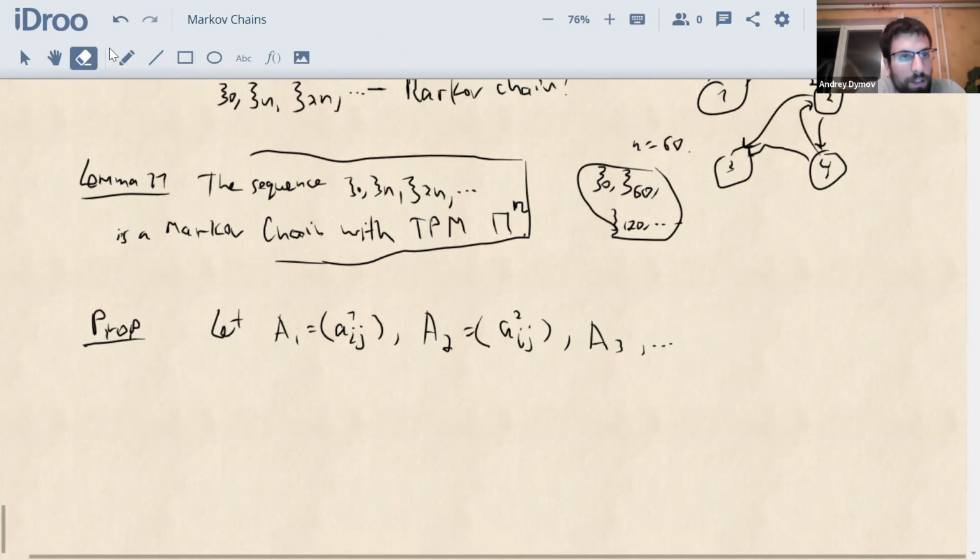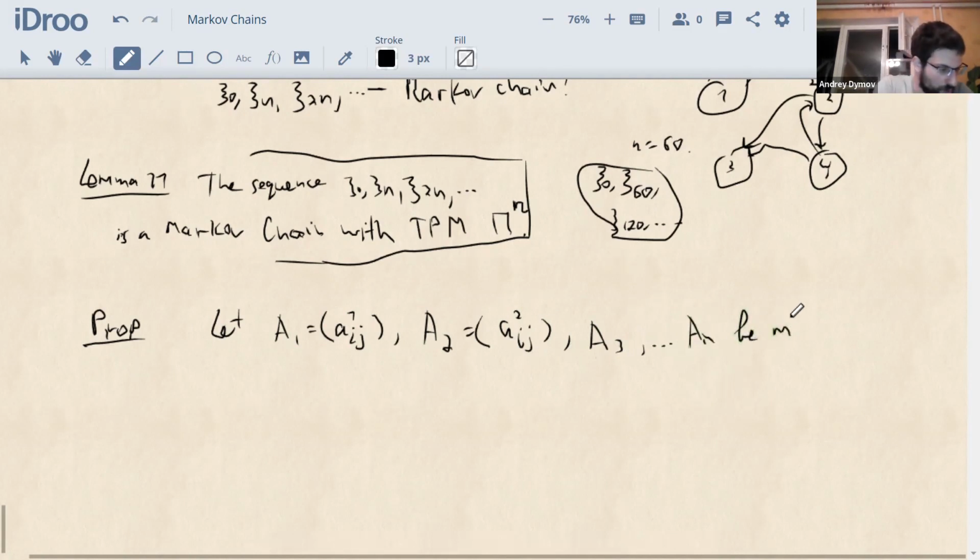I need a finite number of matrices till An. These are square matrices of the same size.